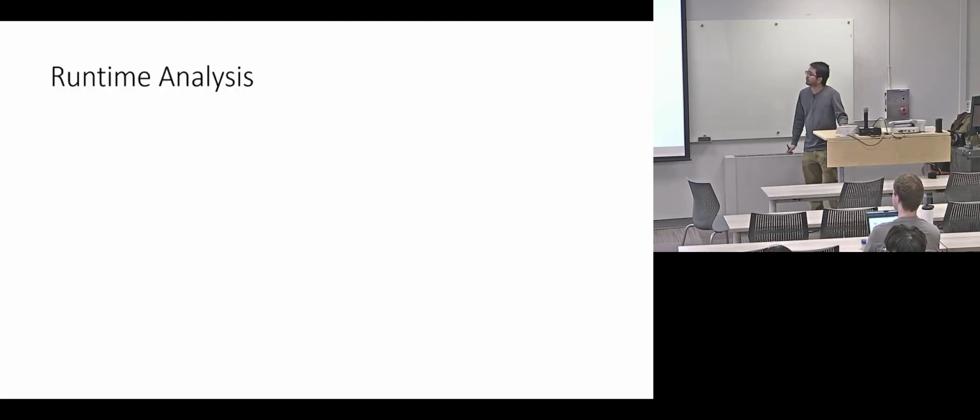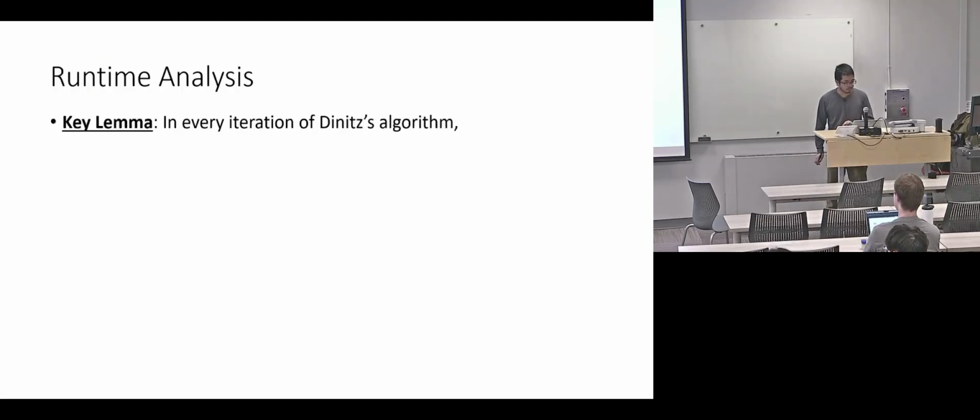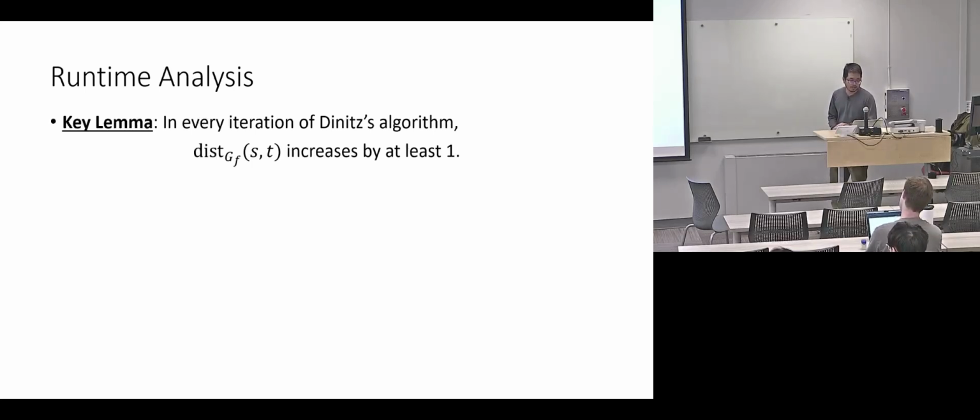Okay. So now the key lemma that I just mentioned is this. In each iteration, after you augment along a blocking flow, the distance from S to T will increase by at least 1. I will prove this, but suppose that this is true.